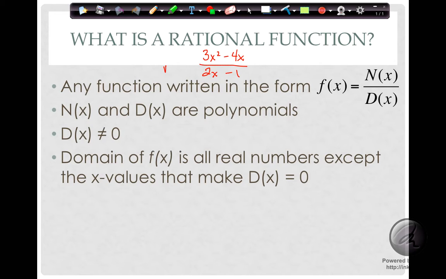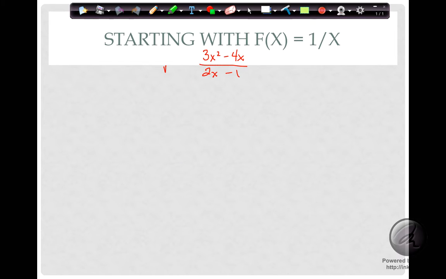And the domain of f of x is all real numbers except for the x values that make the denominator 0. So we're going to start off with the function f of x is equal to 1 over x, just to show you what these functions do.